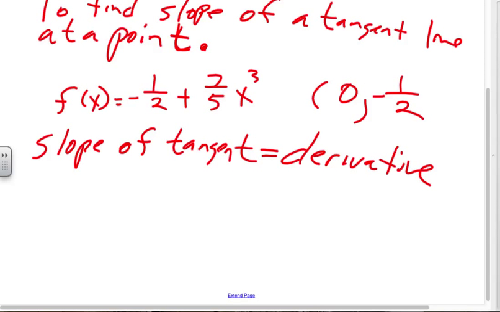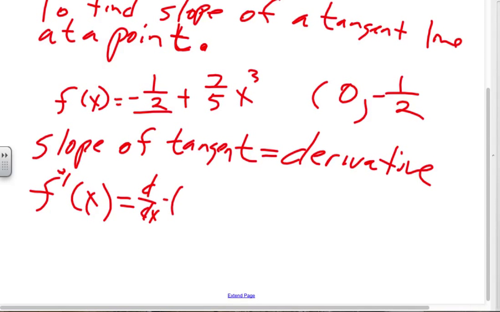So the first thing we have to do then is find the derivative, f prime of x. You notice I'm using Newtonian, and I have been using Leibniz. Okay, and we talked about this being a linear operator, d/dx, and this should be 7/5, by the way.